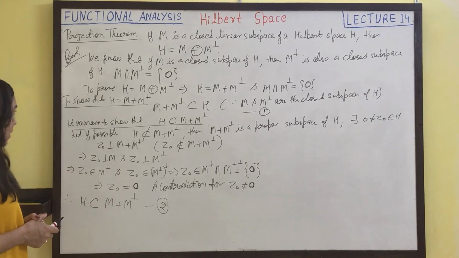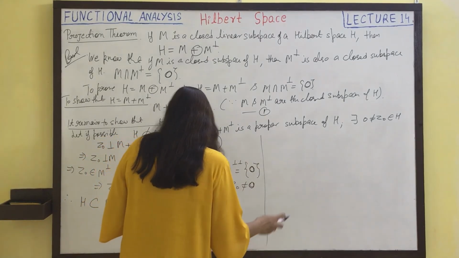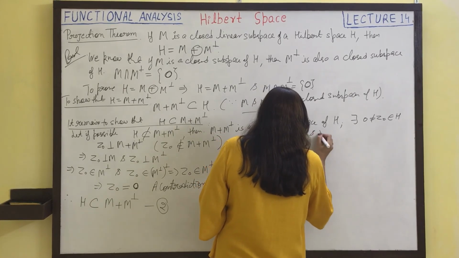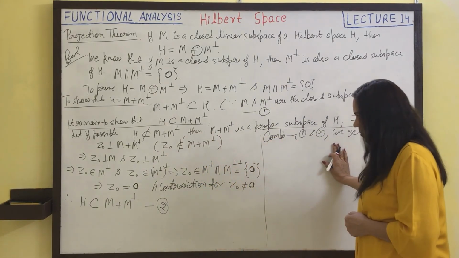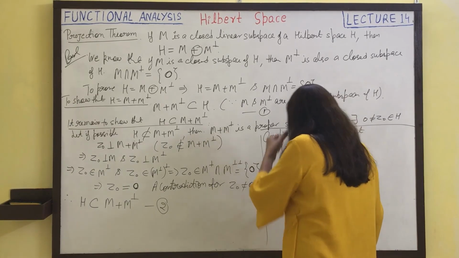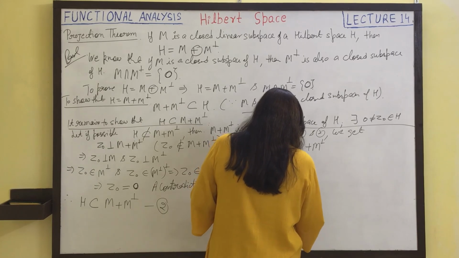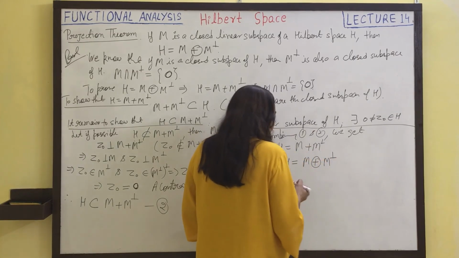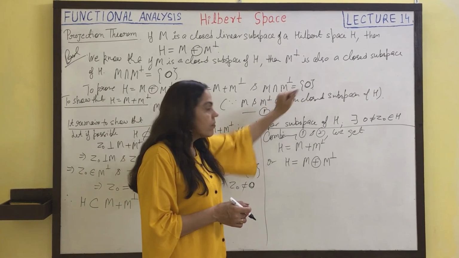Right? So, combining 1 and 2, we get H is equal to M plus M perpendicular, or we can say that H is the direct sum of M and M perp, since M intersection M perp is the 0 vector.